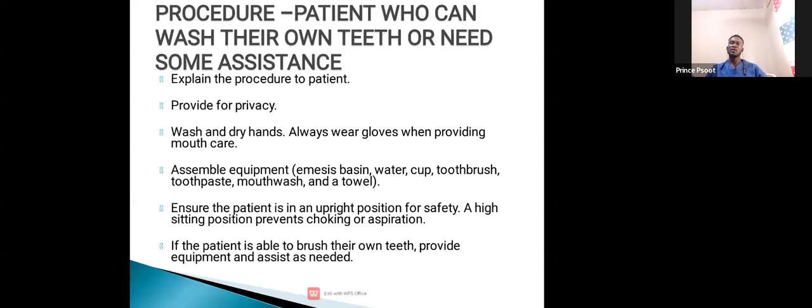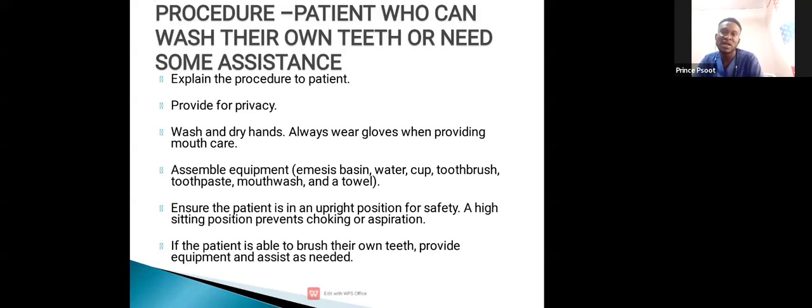So how do we perform the procedure for teeth or oral hygiene assistance for patients who can wash their teeth, or patients who only need some assistance? The first thing to do is to explain the procedure to the patient. Then you provide privacy. Wash and dry your hands, and always wear gloves when providing mouth care.